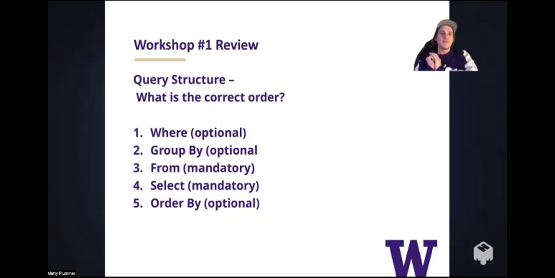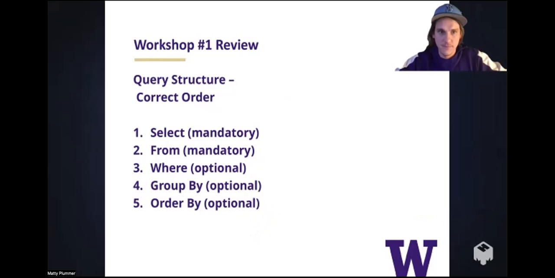Yep. So there's only 3 left. I think where would be next. That's correct. And then group by, and then order by. That is perfect. That is exactly right. Very nice job.